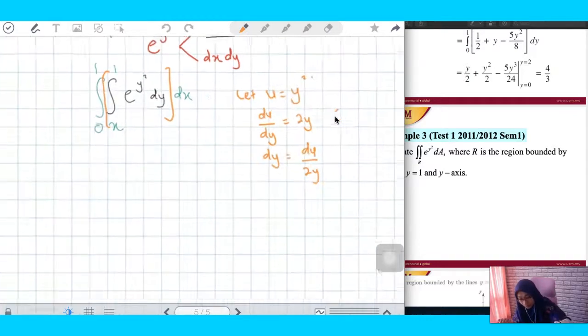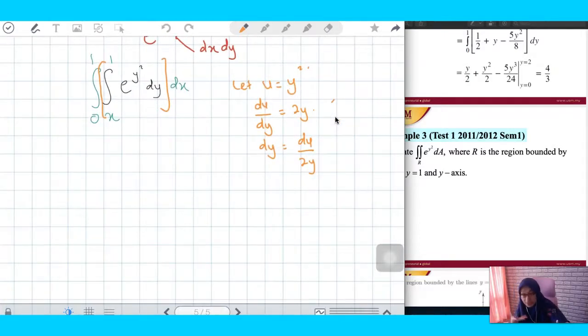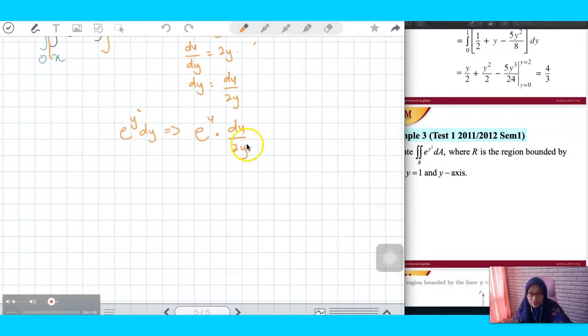Now let's try to substitute all the expressions that we have into e^(y squared). So e^(y squared) dy now becomes e^u, and then you replace the dy with du over 2y. But then you cannot proceed with the integration because your y is still there.